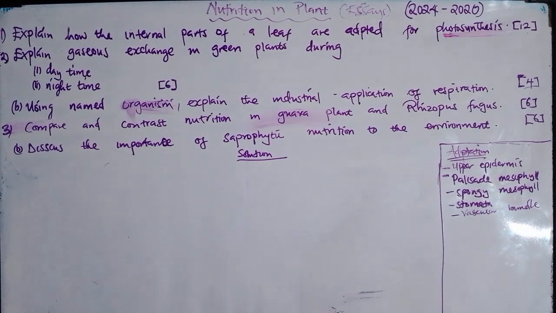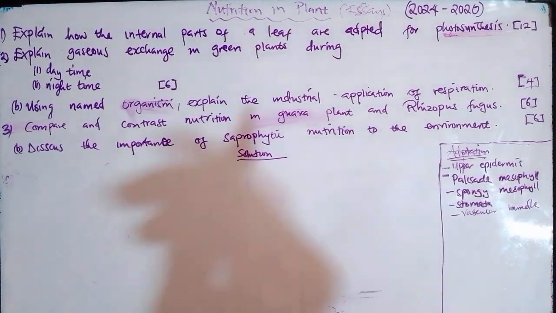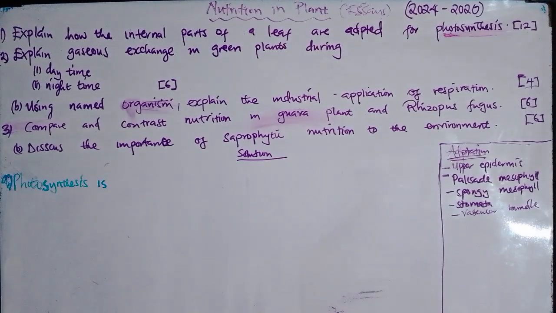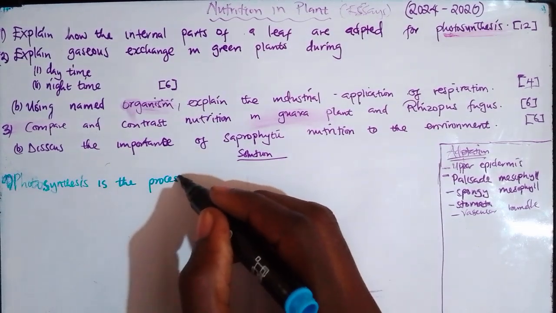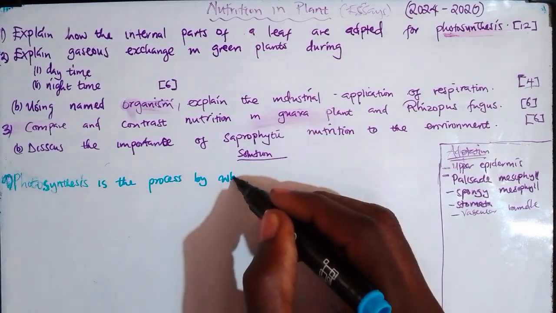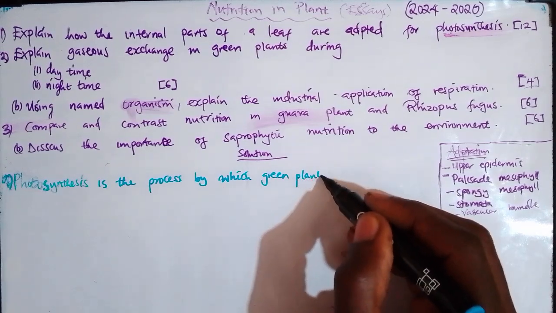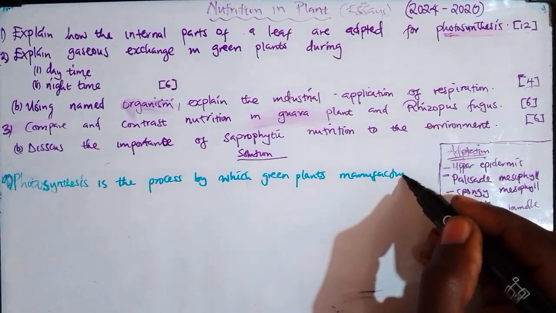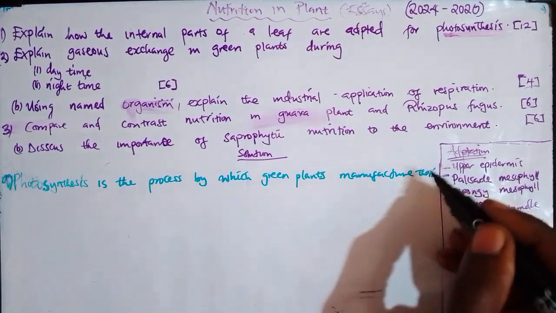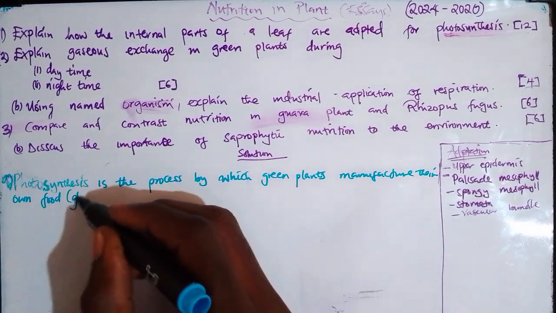So you begin by saying photosynthesis is the process by which green plants manufacture their own food, which is glucose.